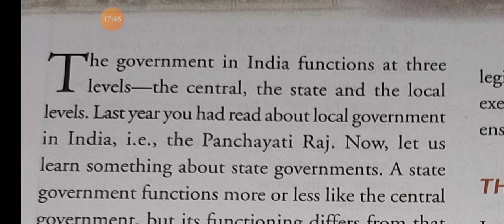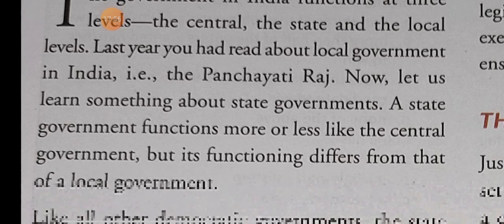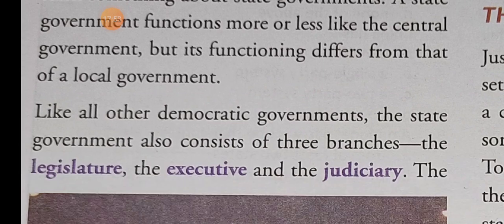Local government means Panchayati Raj. Panchayati Raj means government at the urban areas and government at the rural areas. And the state government consists of 3 branches: the legislature, the executive, and the judiciary.